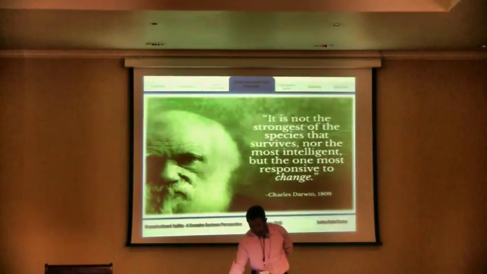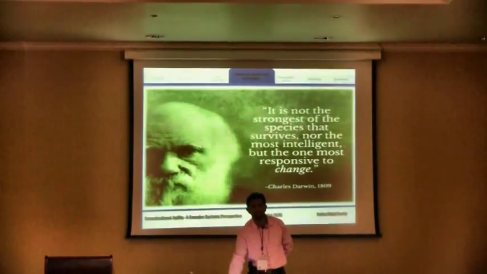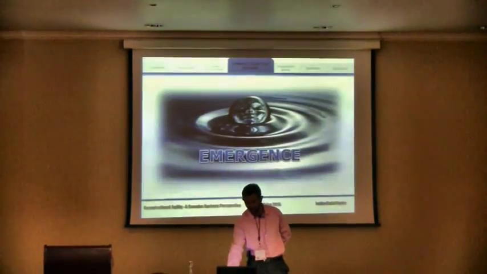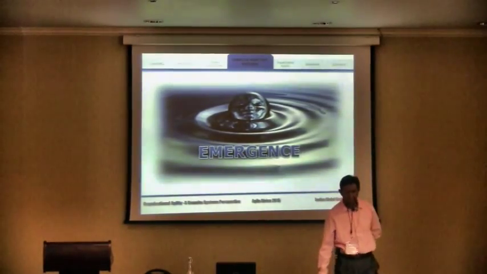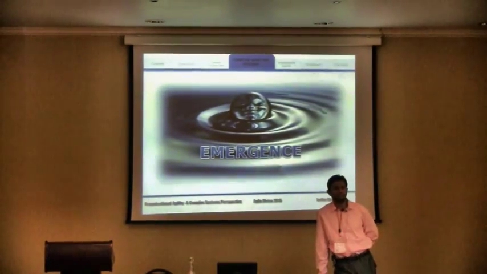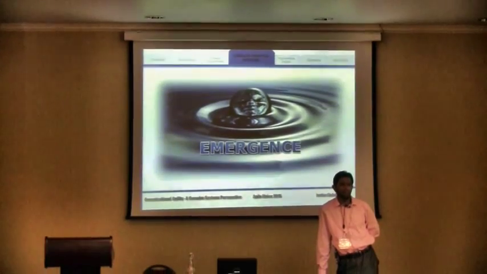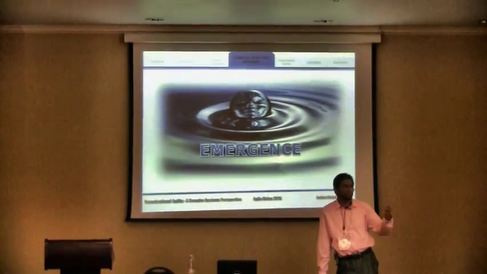And like I mentioned, Charles Darwin said it's not about the strongest, it's about the most successful in terms of adapting to change. So when we looked at complex adaptive systems, the question was, what are the behaviors associated with them? Complex adaptive systems are all about biological change.